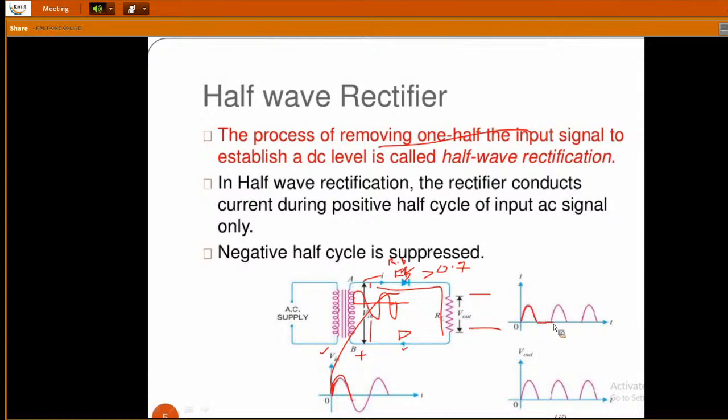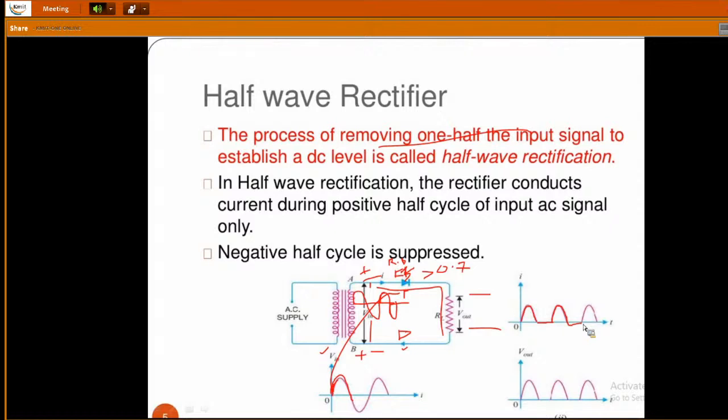And once again the signal comes to the positive peak, the polarity becomes positive here and negative there, and the diode is in forward bias. In forward bias, the diode will conduct the current, and once again you can obtain the output. Whenever the input signal comes to the negative half, the diode will be in reverse bias, and there is no current flowing through the negative half of the cycle.